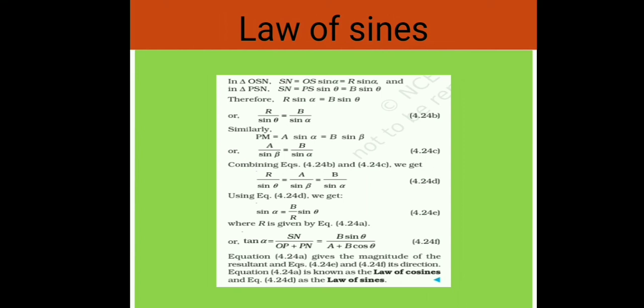Similarly, PM equals A sin alpha, that equals B sin beta. So A upon sin beta equals B upon sin alpha. Now combine these two equations. We get R upon sin theta equals A upon sin beta equals B upon sin alpha.